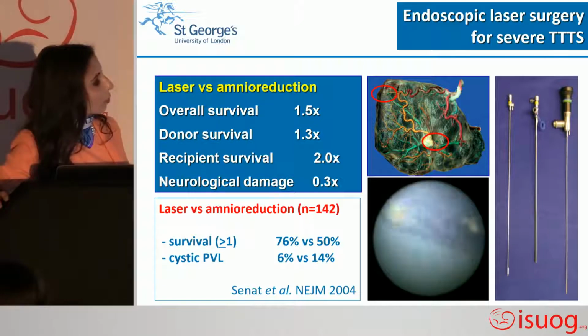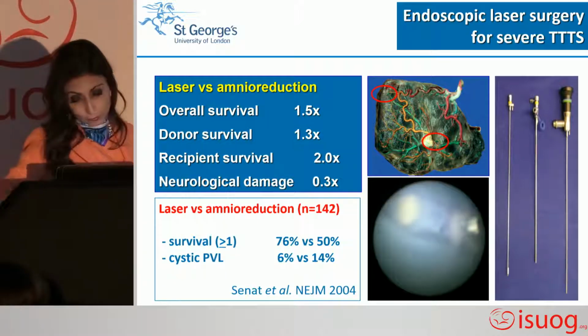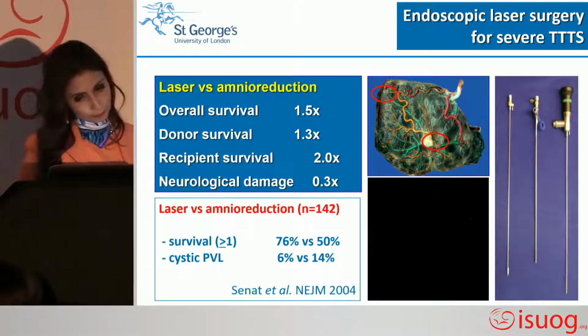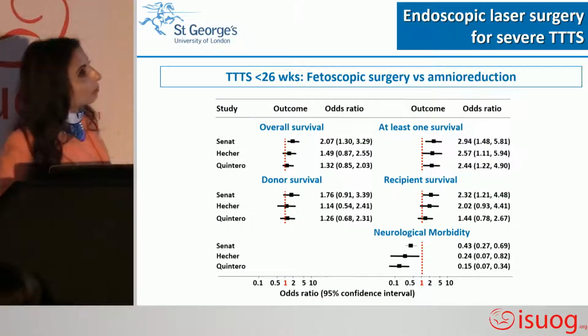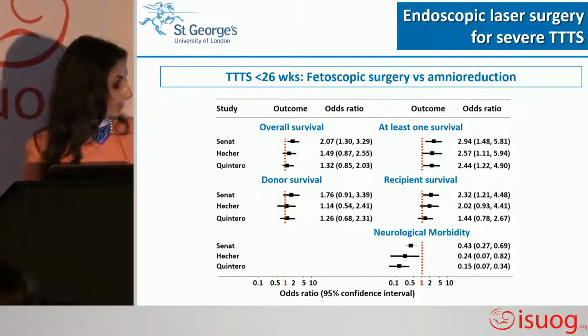The survival of one or more babies was 76% with laser versus 50% with amnioreduction, and the presence of cystic periventricular leukomalacia was 6% with laser versus 14% with amnioreduction. As I said, a number of systematic reviews, including Cochrane reviews, demonstrate the same thing.